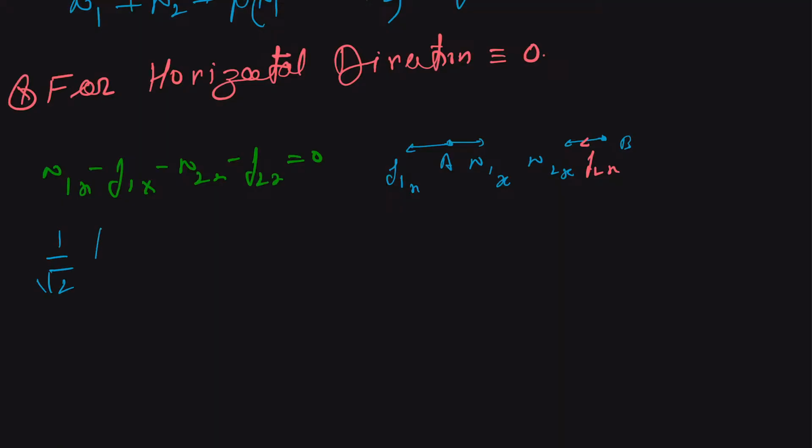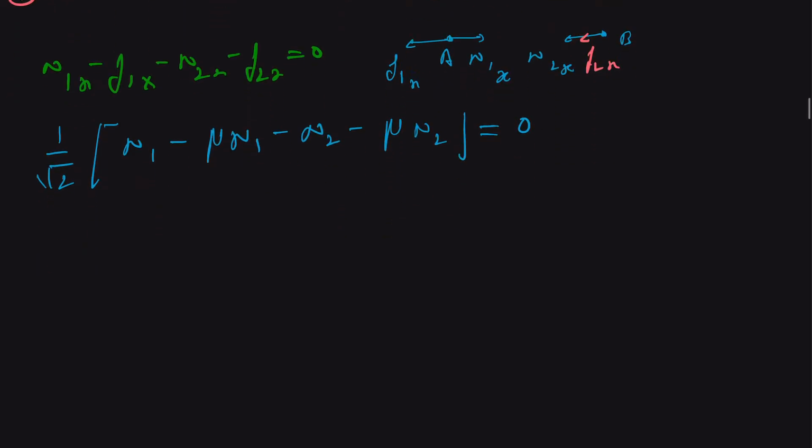This will be a square root of 2, and we are going to have this as N1 minus, in place of F1 we can write mu N1, minus N2 minus mu N2, and is equal to 0. So we can just ignore this part because it cannot be equal to 0.